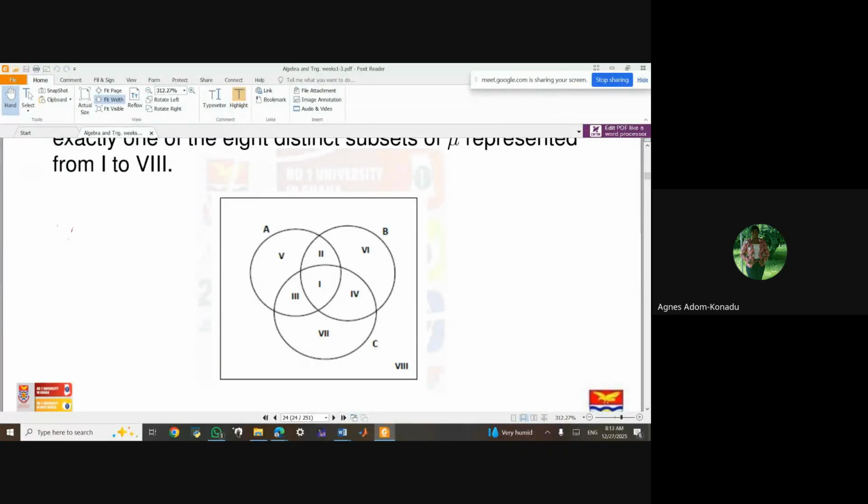Then let's move on to the VI and then VII. So what is V? A only, or A intersection B complement intersection C complement. Let me write it.